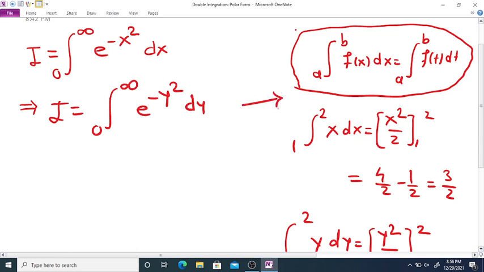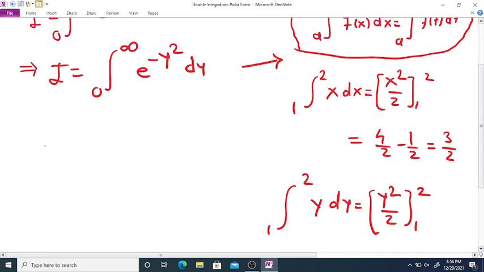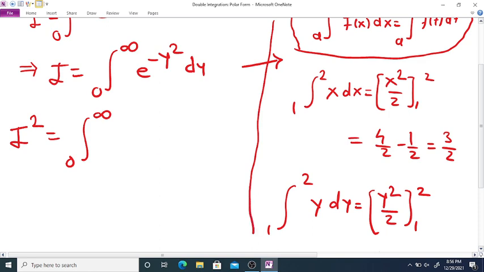by using this property. If we multiply these two integrations, then I square is equal to the integration from 0 to infinity of e raised to minus x square times e raised to minus y square, dx dy or dy dx.